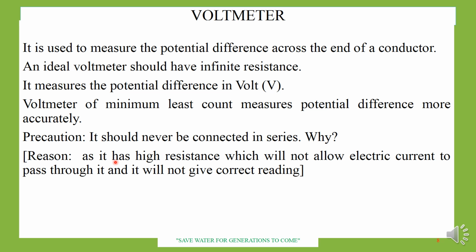The reason is that it has high resistance. Resist means to oppose. It will oppose the electric current, which will not be allowed to pass through it, so it will not give the correct reading.